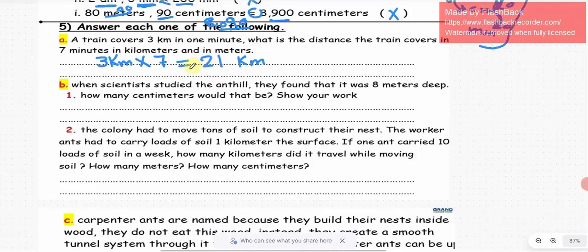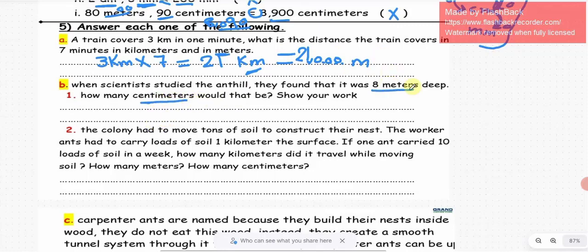I want my answer in kilometers and in meters, so let's convert it into meters. Kilometer is a big unit, so put 3 zeros, to be 21,000.